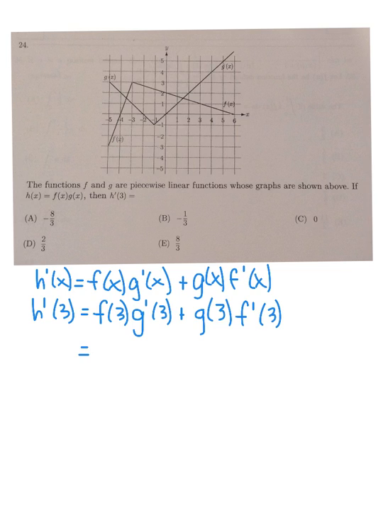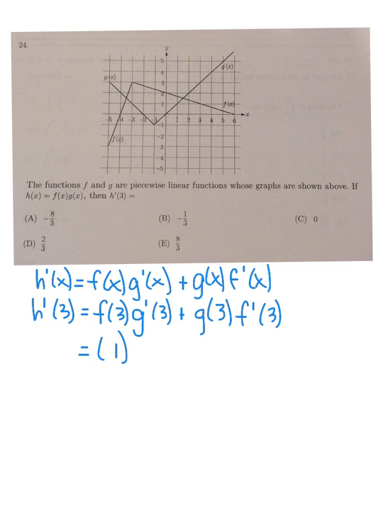Okay. So listen, if you look at this, it specifically states that these are the graphs of the functions. So to find f of 3, here's my f graph right here. I'm going to go to where x is 3. There it is. So f of 3 is 1. Easy enough, right? So let me just throw in a 1 right here.